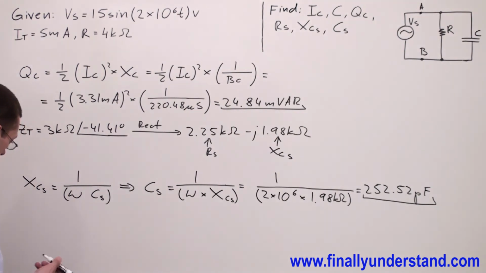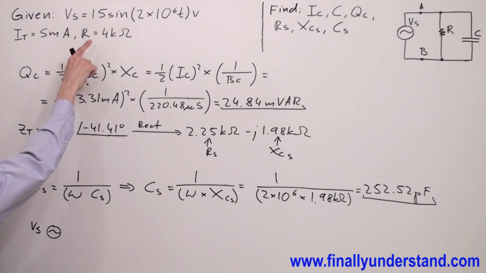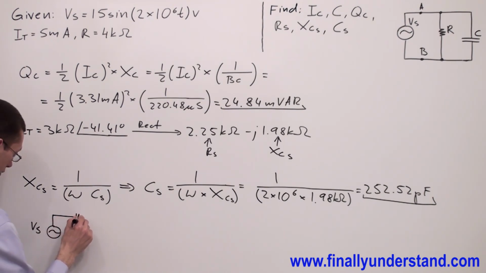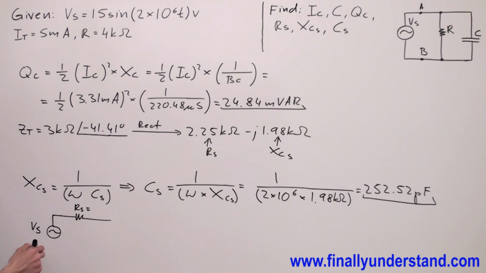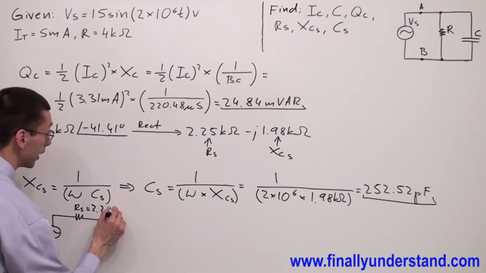Next, you can simply draw the diagram. So I have a voltage source, right, which has voltage 15 sine 2 times 10 to the 6 t volts, and I have resistor RS, which is equal to 2.25 kiloohms.